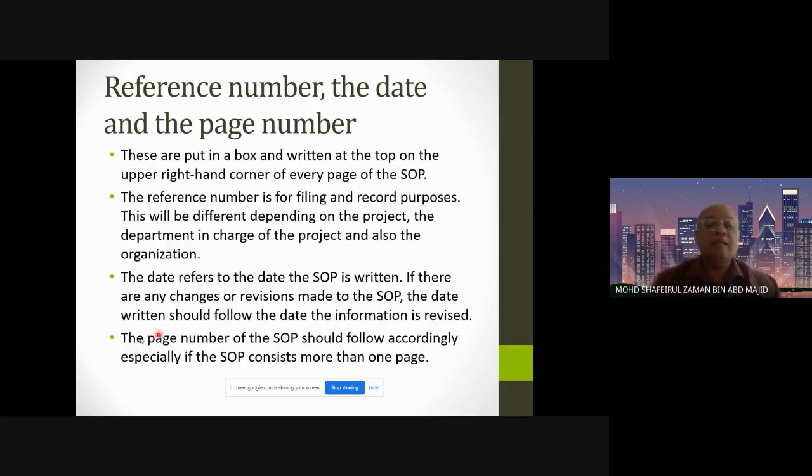And then lastly, the page number of the SOP should follow accordingly, especially if the SOP consists of more than one page. Okay, how does it look like? Right, so this is the example. You have the title, standard operating procedure, and then the procedure or reference number.